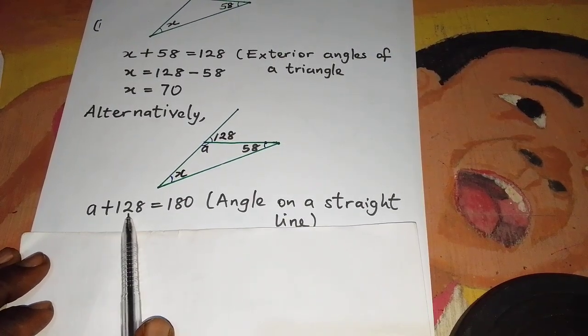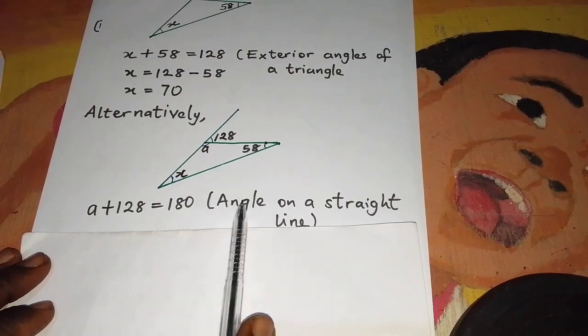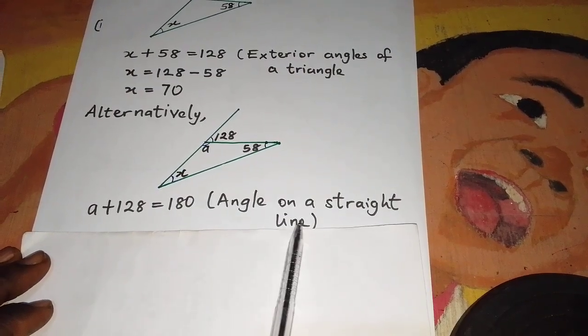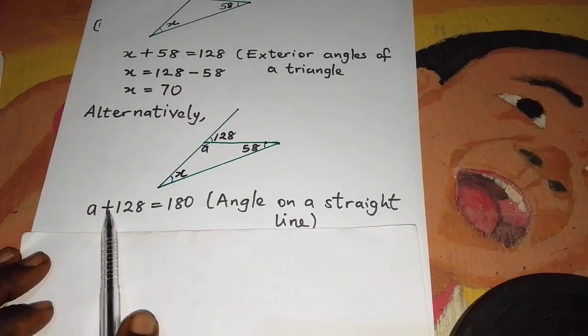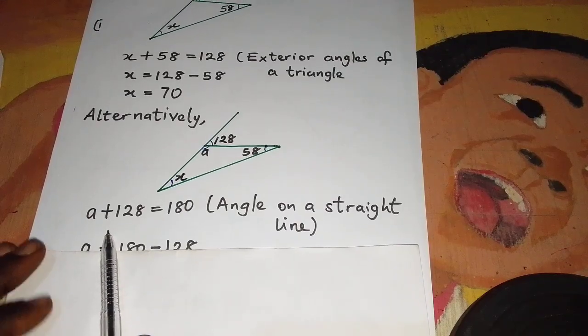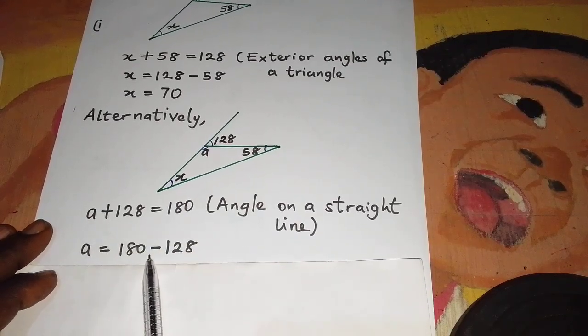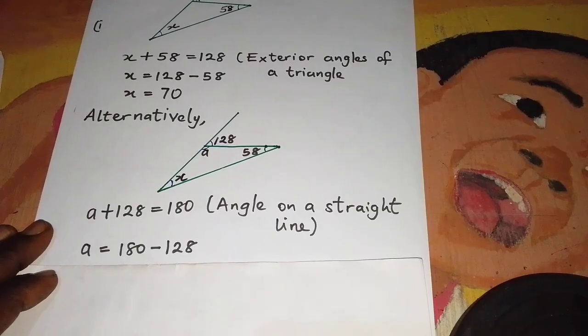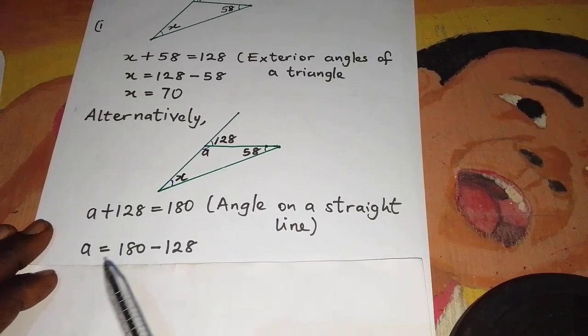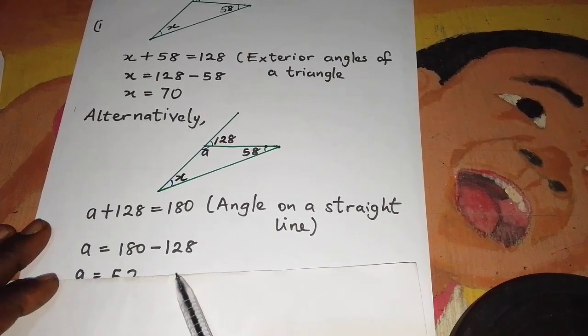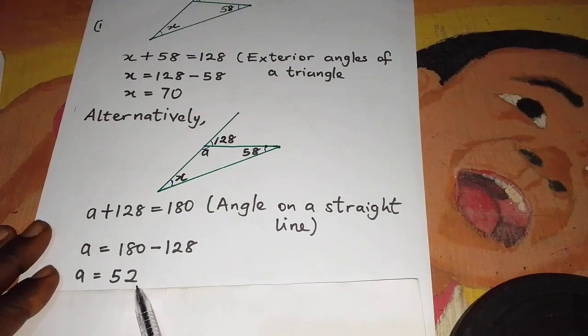A plus 128 should be equal to 180, angle on a straight line. So to now get A, you bring this 128 to this side to turn to minus 128. 180 minus 128 will give you 52.